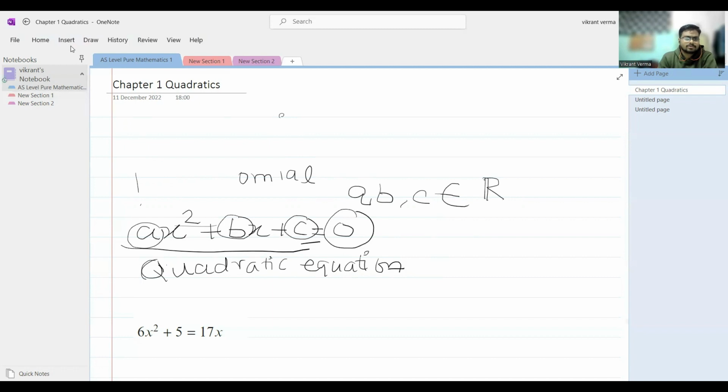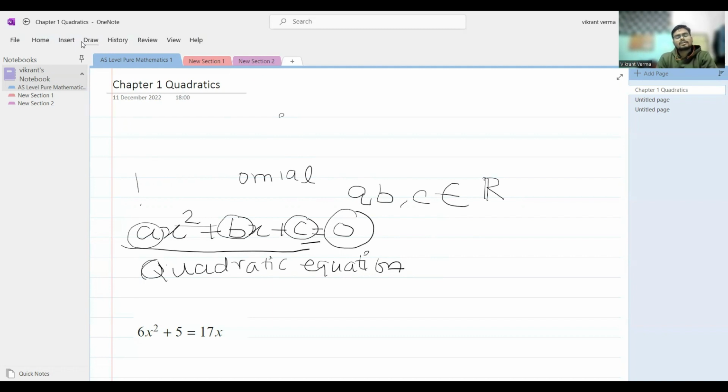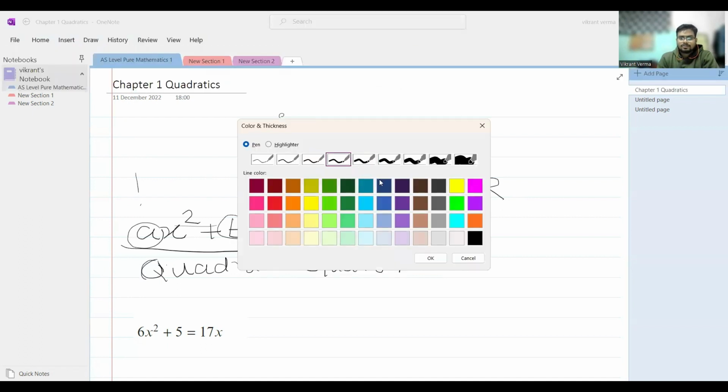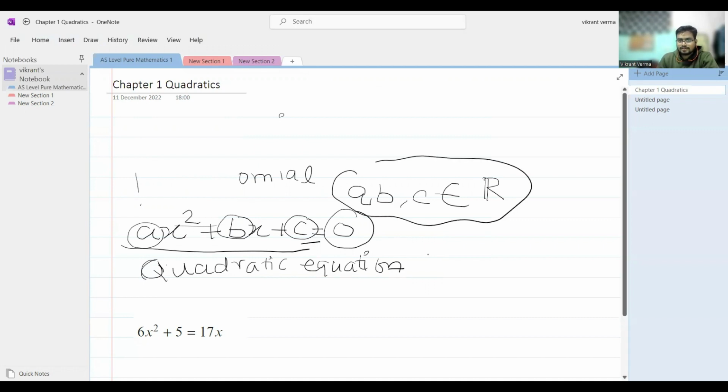Right now do not worry much about what real numbers are, but let me tell you that the union of rational and irrational numbers is known as real numbers. So now you know that a, b, and c are members of the real numbers.